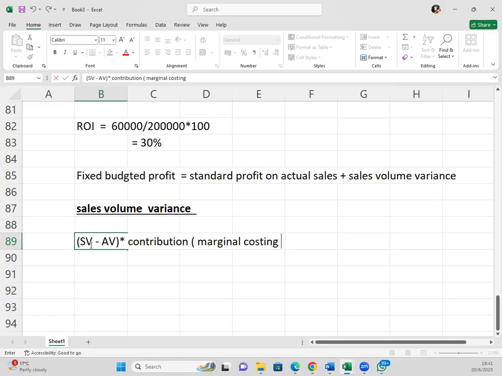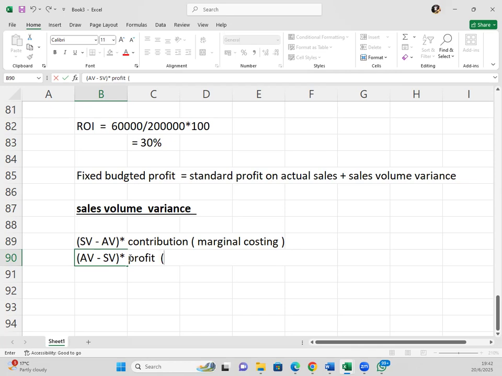Then the other sales volume variance is the sales volume profit variance. By the way, sorry, for the sales, we start with the actuals. You say actual volume minus the standard volume, times profit.